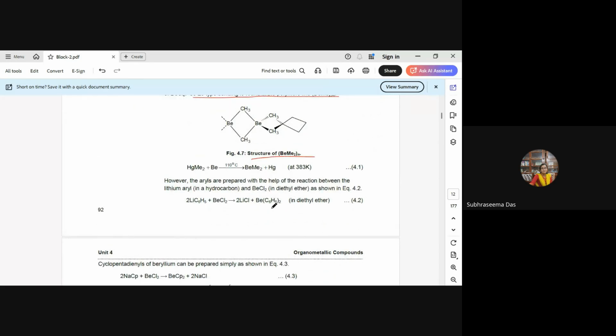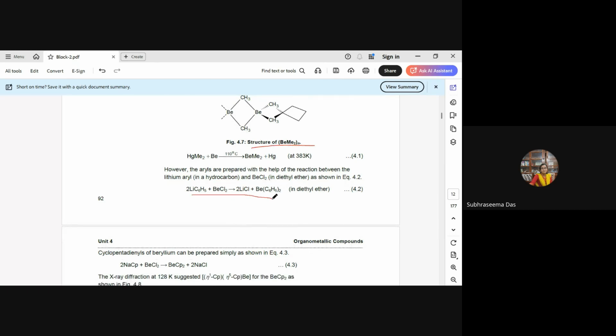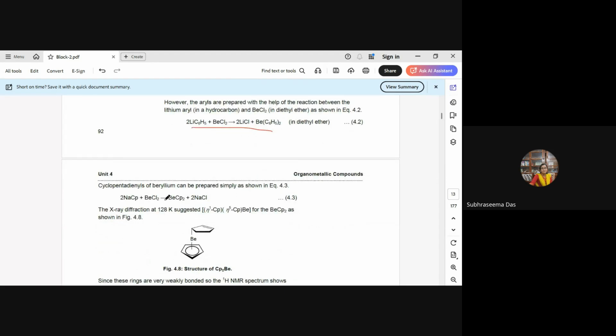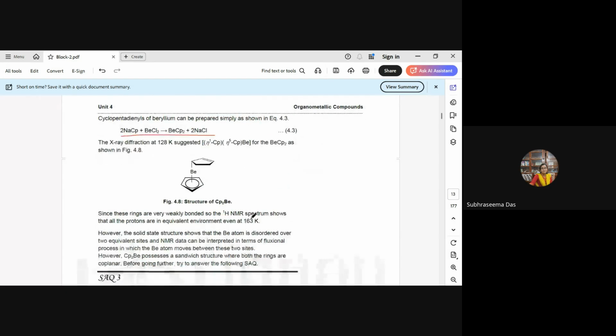However, the aryls are prepared by the reaction between lithium aryl and BeCl2. That is, phenyl lithium plus BeCl2 forms the diphenyl beryllium compound. Dicyclopentadienyl beryllium, BeCp2, can be prepared in this way, and the X-ray diffraction structure has been shown here for BeCp2.